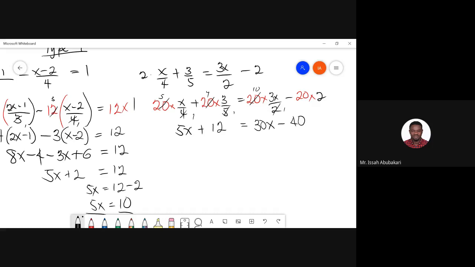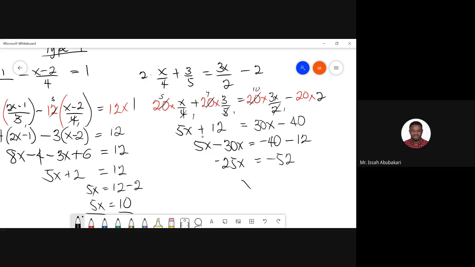Now, let's group like terms. We have 5x and 30x is on the other side. So we have 5x minus 30x is equal to minus 40 minus 12. Simplify. 5x minus 30x is what? Minus 25x is equal to minus 52, right?